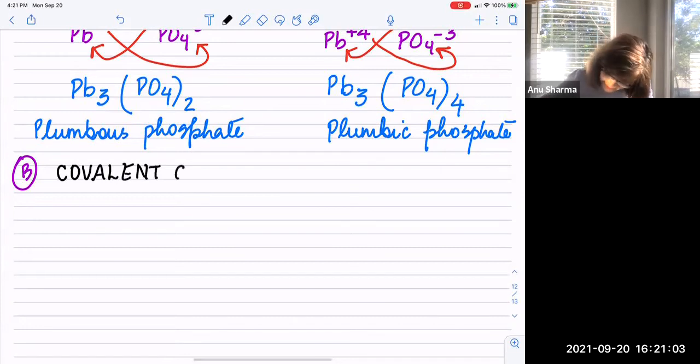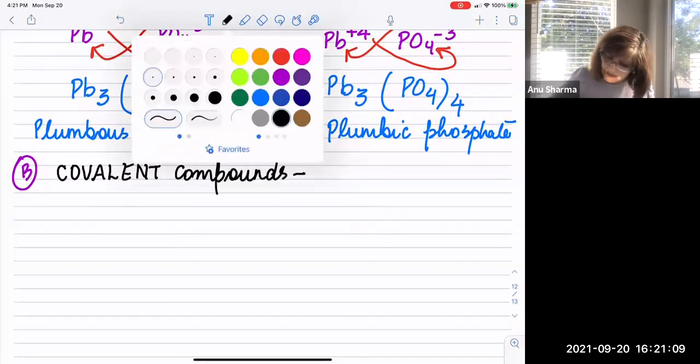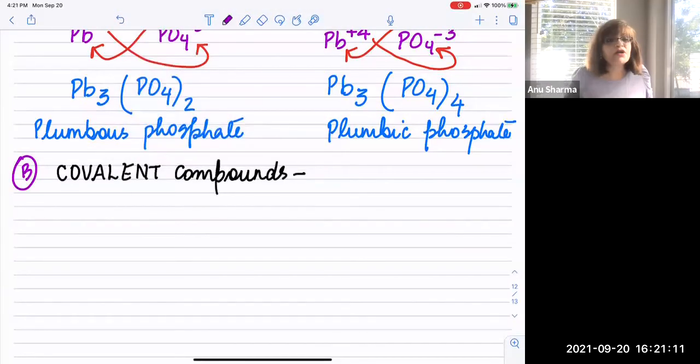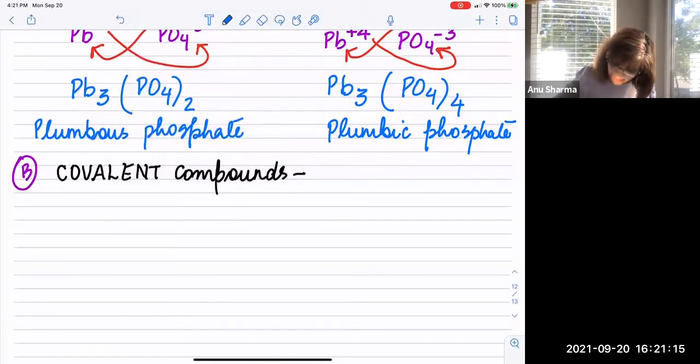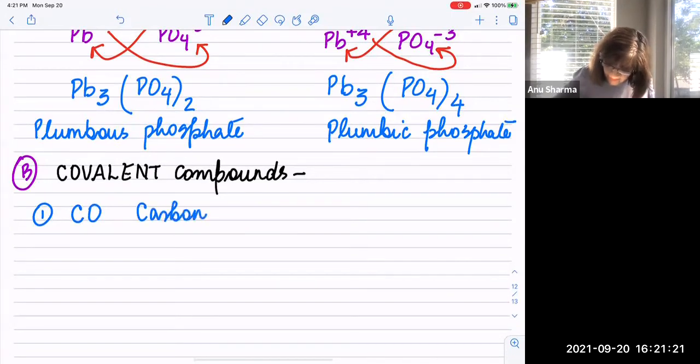Okay, covalent compounds. For the covalent compounds, for example, it's very easy, carbon with 1 oxygen. So this is carbon.